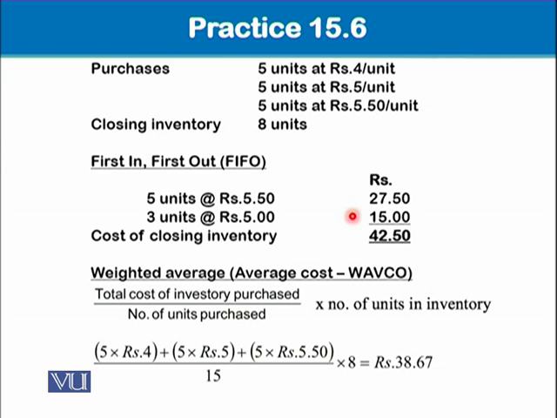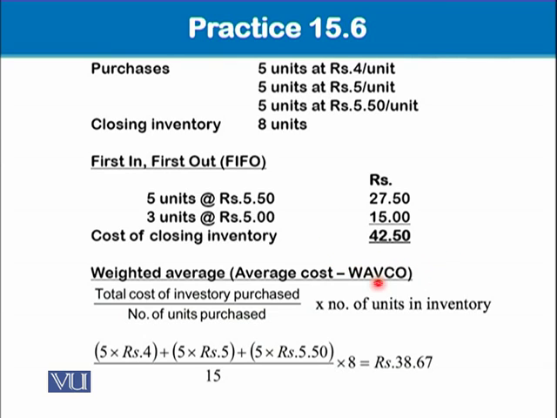So 5 times 5.5 is 27.5, and 3 times 5 is 15. Total is 42.5. So using the first in first out method, the cost of closing inventory of 8 units is 42.5. Got it?